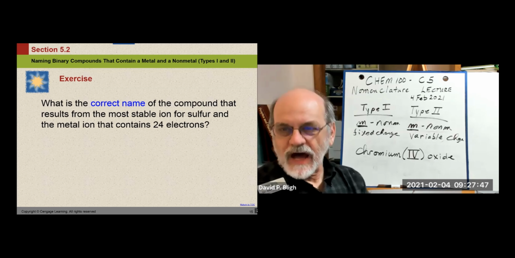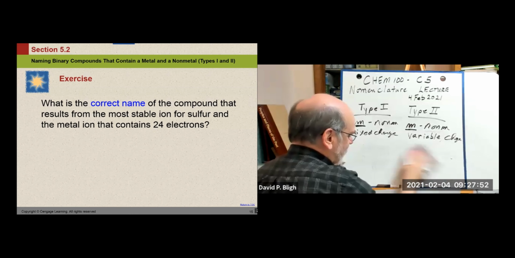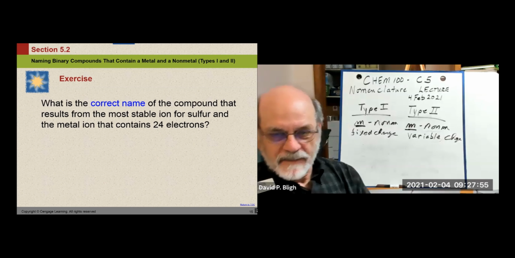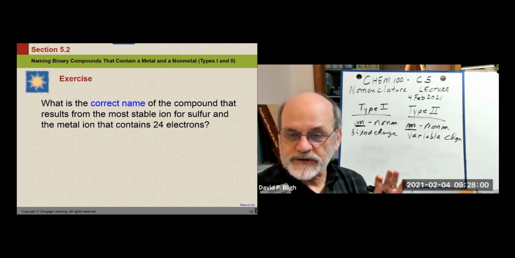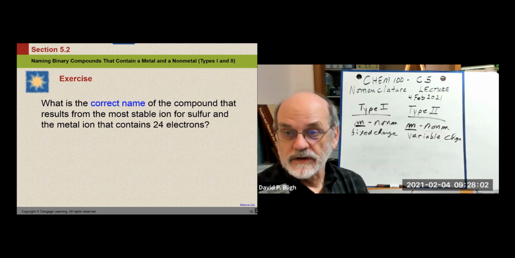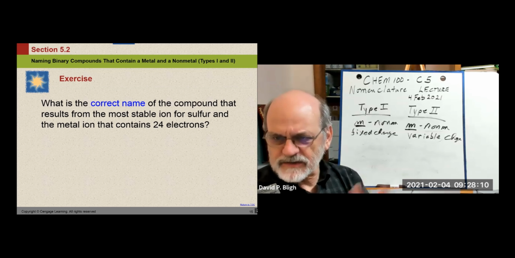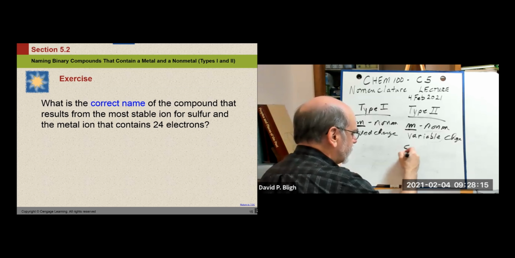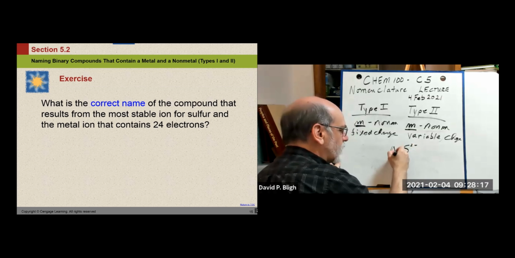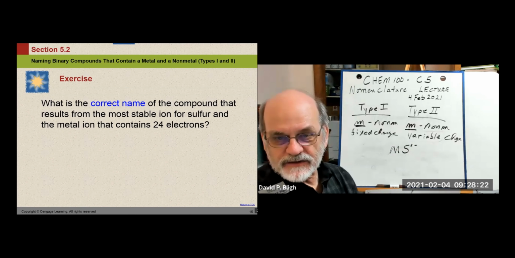Okay, let's complicate things. Why don't we? We want to name the compound that results from the most stable ion for sulfur, which is 2-, and the metal ion that contains 24 electrons. Okay, it's going to take some detective work. We know we have sulfur, and we know we have a metal, and the metal has 24 electrons.